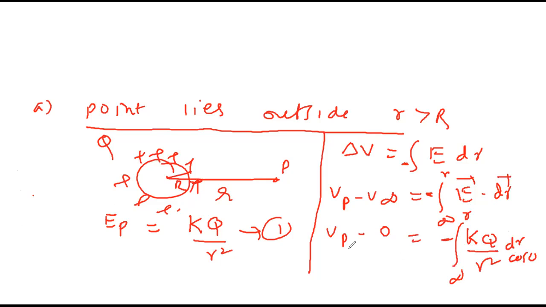Potential difference is dot product of E bar and dr bar. Potential difference means potential at P minus potential at infinity. That means we are taking the point from infinity to r.